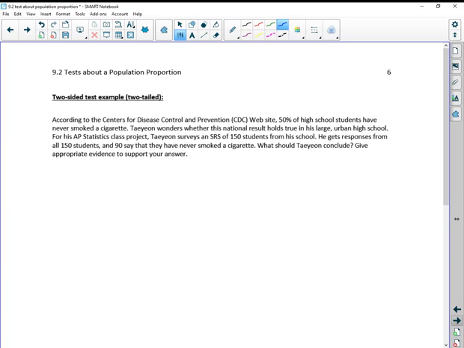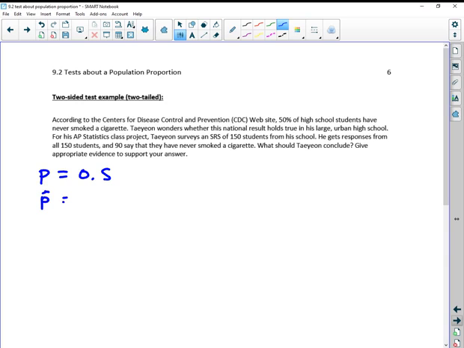All right, so let's do a two-sided test example because that's going to be really related to our confidence intervals. According to the Center for Disease Control and Prevention, 50% of high school students have never smoked a cigarette. That's talking about the population, so that's the parameter value.